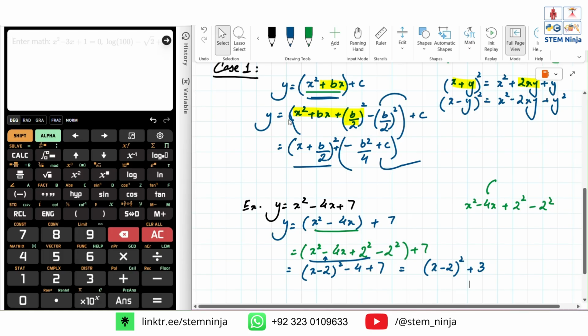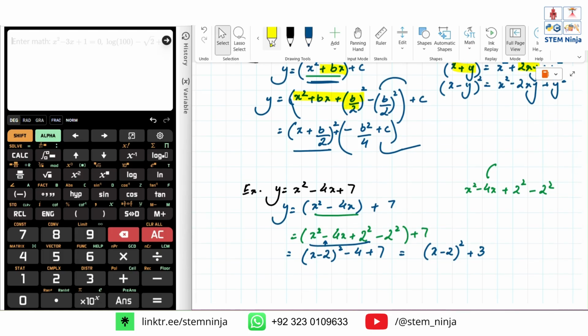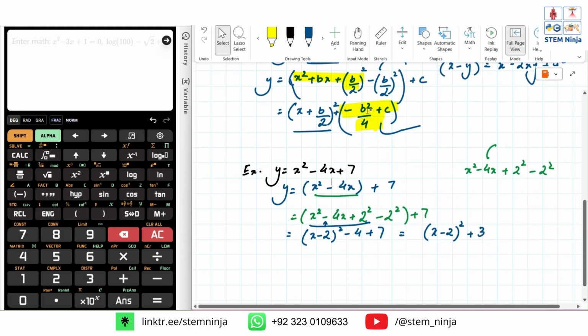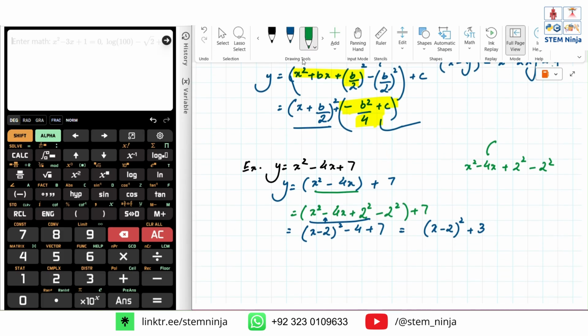You can see from over here that we could have found the constant term from this also, but that would be a very long process. But just to show you that this actually is the same thing. So c was originally 7, right? And b was 4, or actually minus 4, whichever way you want to stick with it.